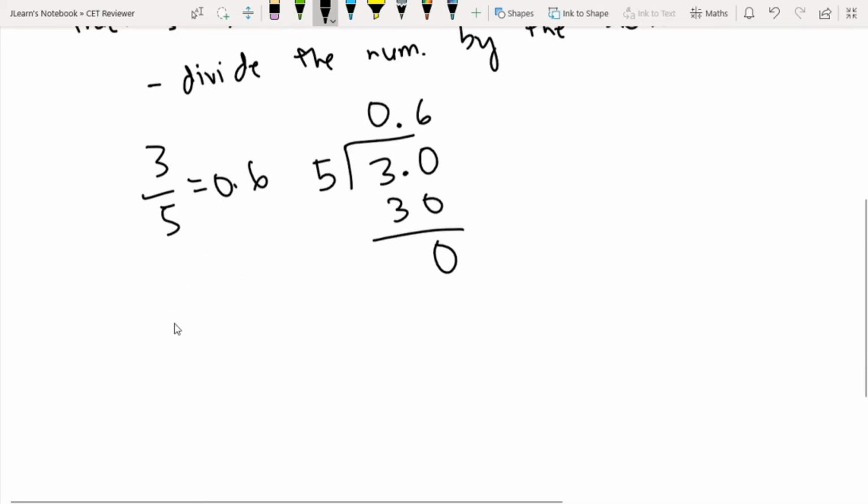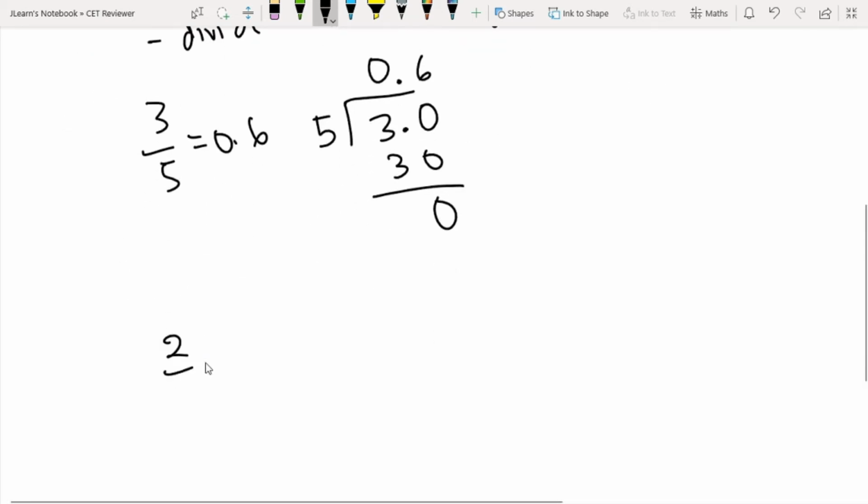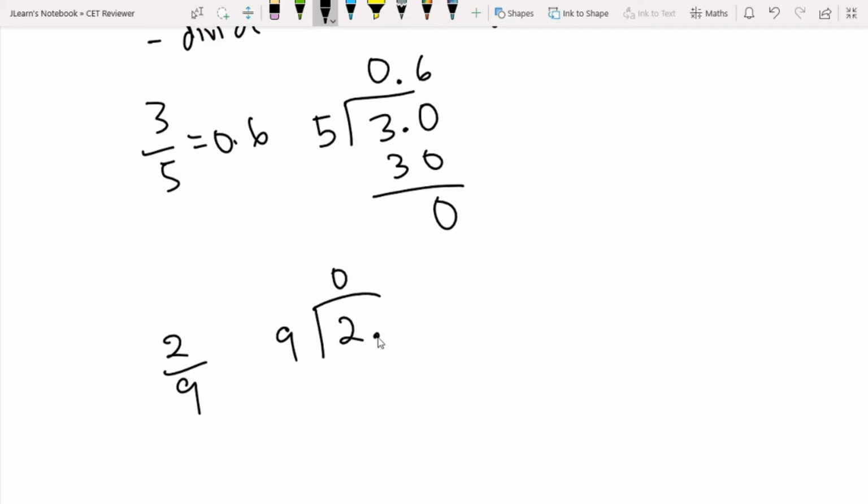Another example is, kunyari, 2 over 9. So you divide 2 divided by 9. So 2 does not divide 9, so that's 0. Then again, add ka ng decimal point. Add ka ng 0. So 20 divided by 9 is 2. So 2 times 9 is 18. You get 20 minus 18, you have 2. Then add ka ulit ng 0.